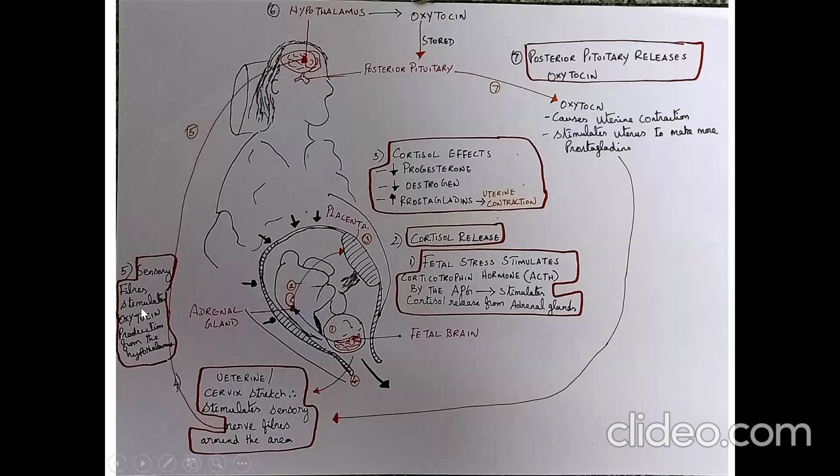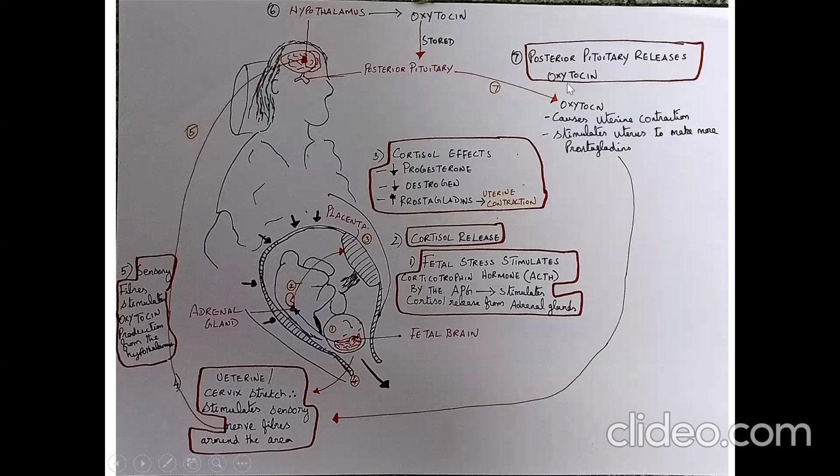It goes and stimulates the hypothalamus. So what happens? The hypothalamus, where the oxytocin is stored, that will be secreted. The posterior pituitary makes the hypothalamus secrete the oxytocin stored in the hypothalamus.